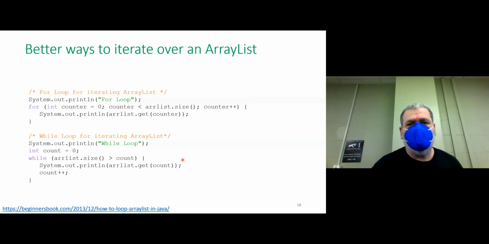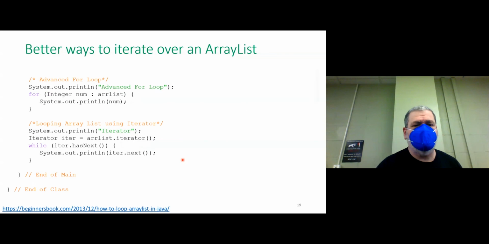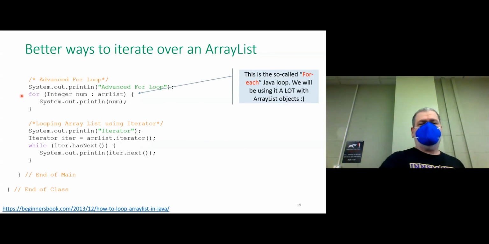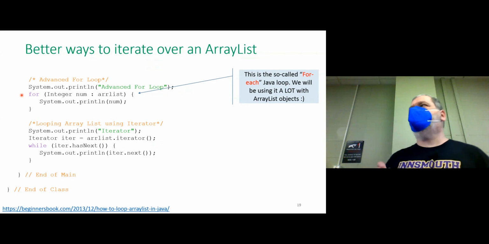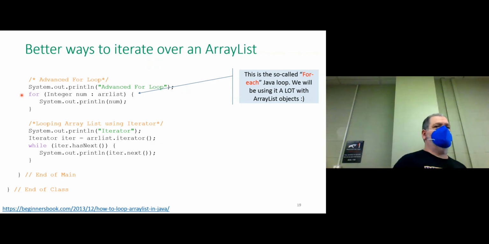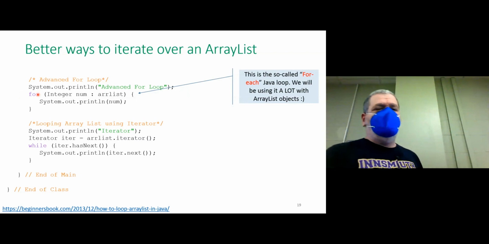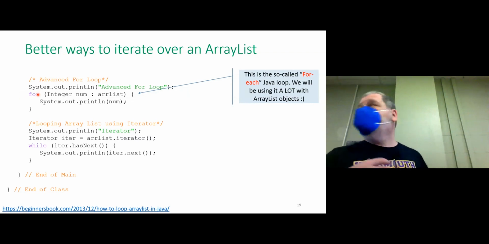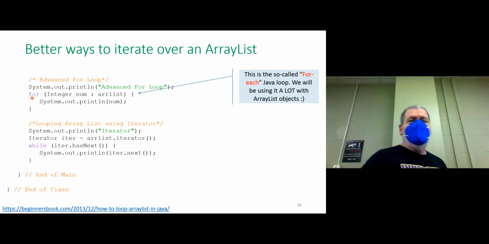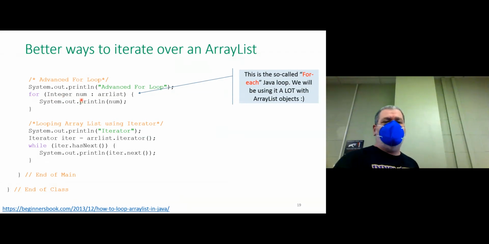Okay? And then this is where we add one more syntax. It's still using the keyword for, but it's a different type of for loop. It's called a for each loop. Okay? So why is it called a for each loop? Because this is how you're going to read it out loud. When you read this out loud, you say, for each Integer num inside the array list rList.